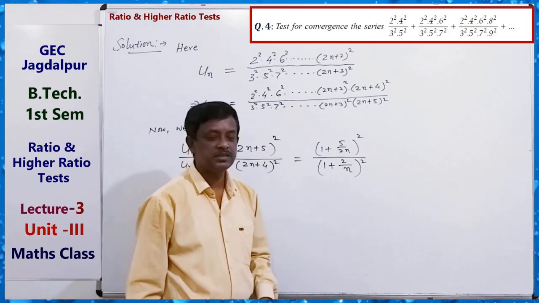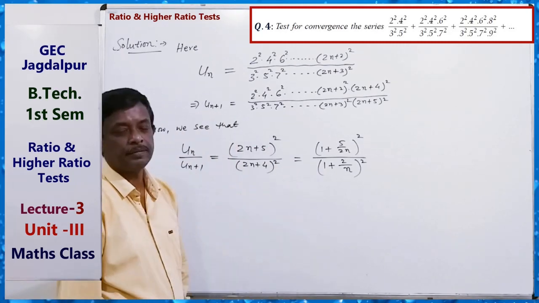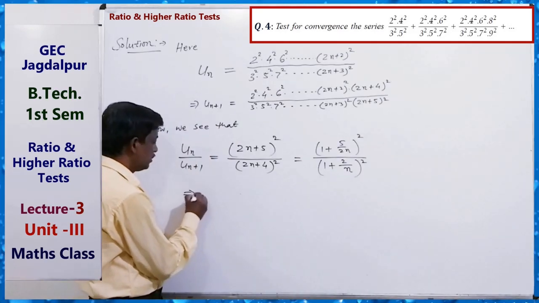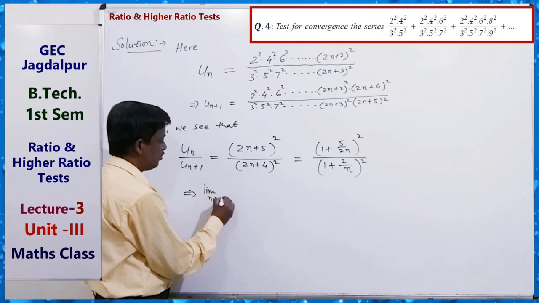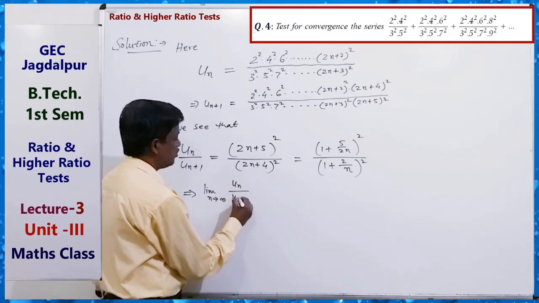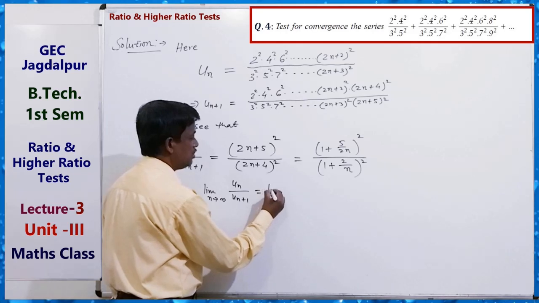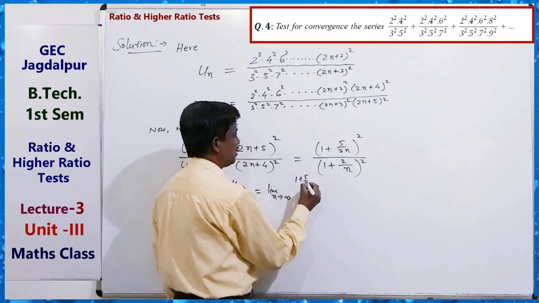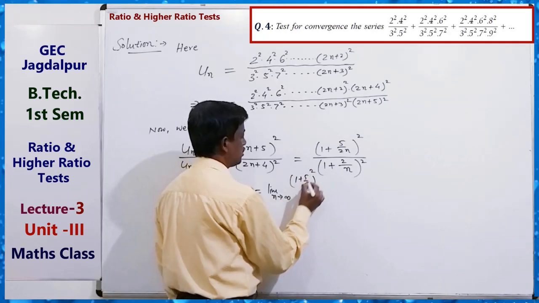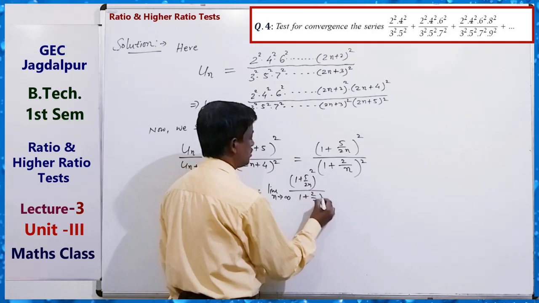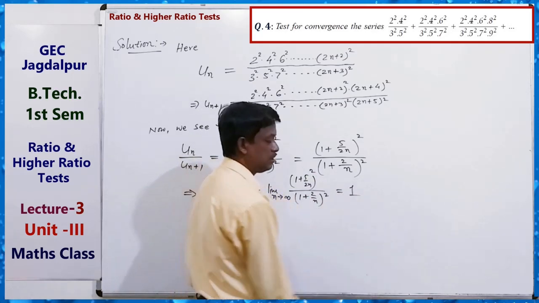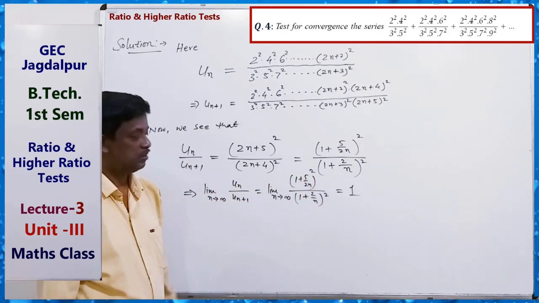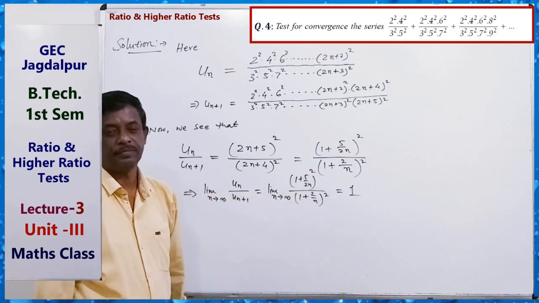Now this limit is 1. Very simple. So the limit as n tends to infinity of un upon un plus 1 equals the limit of 1 plus 5 by 2n whole square upon 1 plus 2 by n whole square, which equals 1.